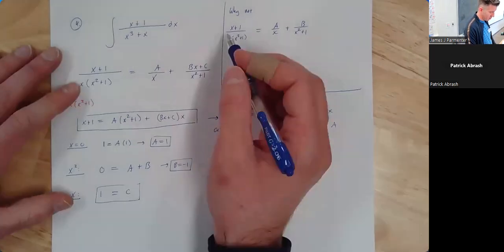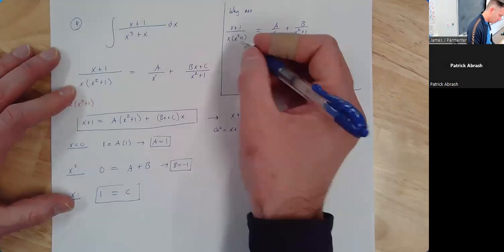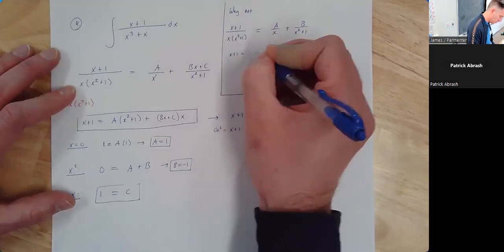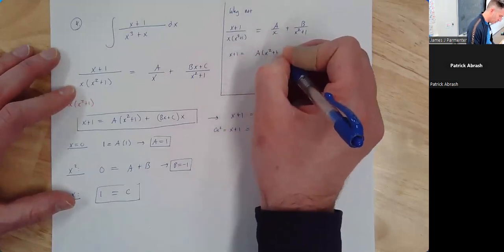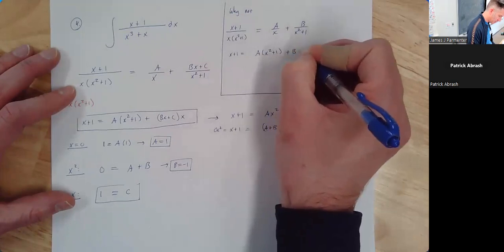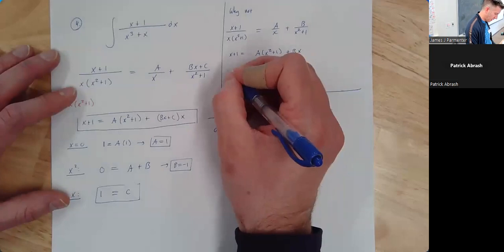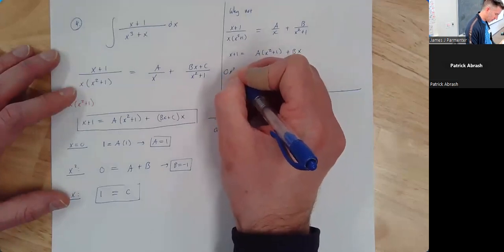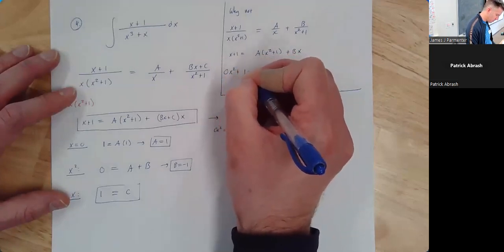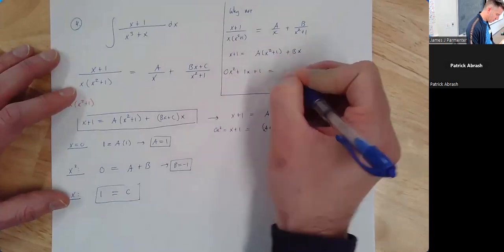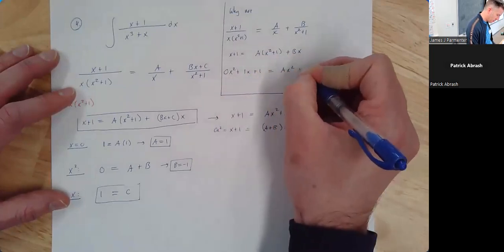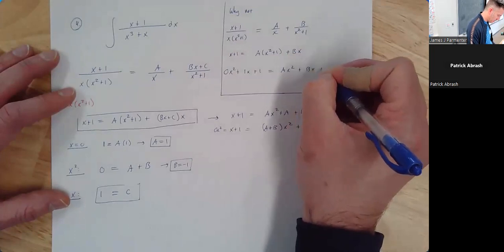Meaning, if you multiply both sides by the common denominator, you get x plus 1 equal to a times x squared plus 1 plus b times x. And the problem here is that now we have on the left-hand side 0x squared plus 1x plus 1 equal to ax squared plus bx plus a.